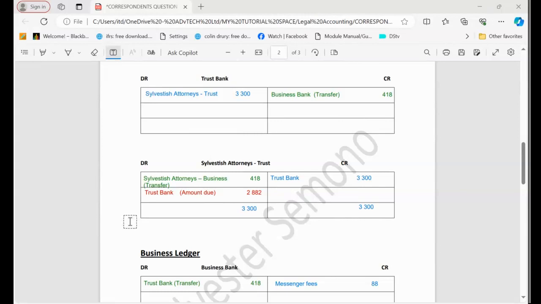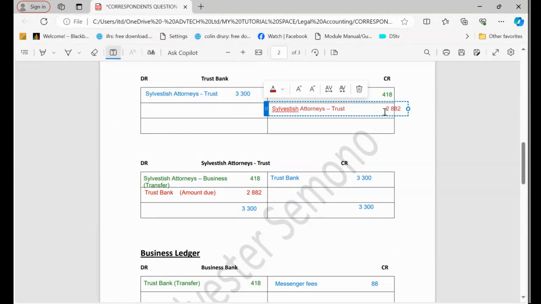So obviously you need to go to the opposite side, from debit to credit. Again, it shows that when you pay from the bank, it must decrease on the credit side. So you must come here on the credit side and show that you did pay Sylvester's. So you can also show, for more information, that this amount is the amount due.